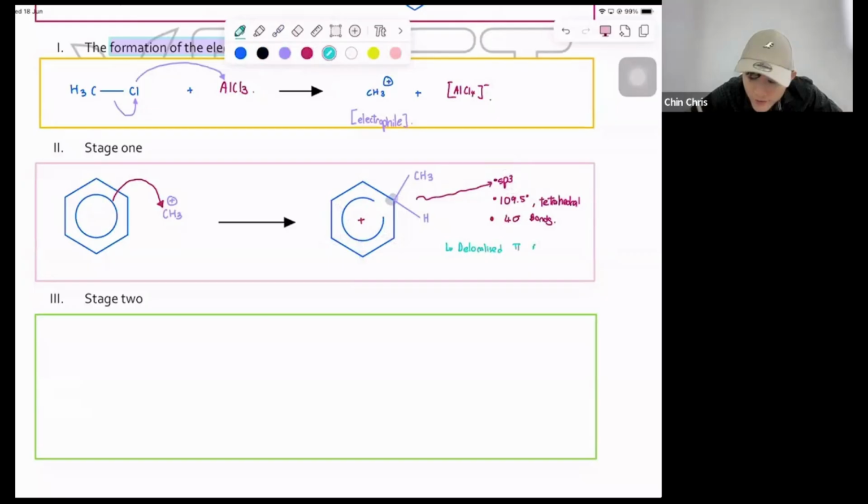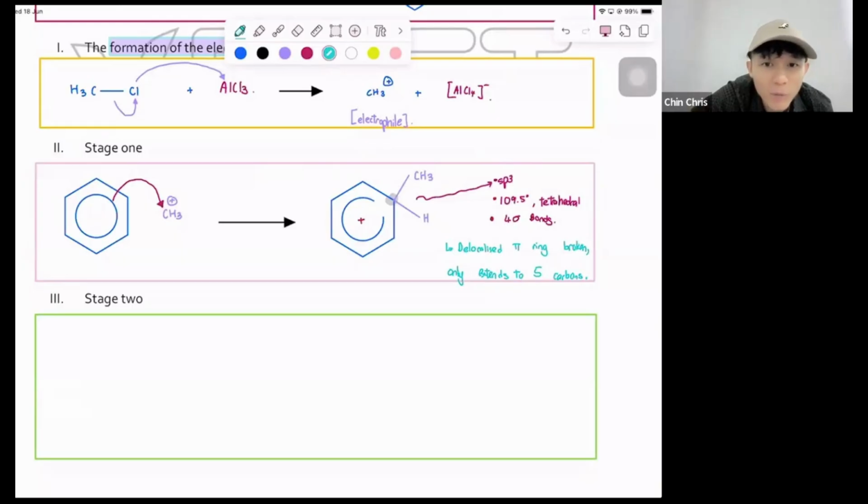This delocalized pi ring system is broken, and only extended to five carbons only, right? So right now your ring is broken, extended to just five carbons. The sixth carbon is sp3 hybridized already.